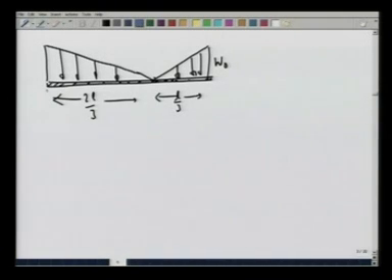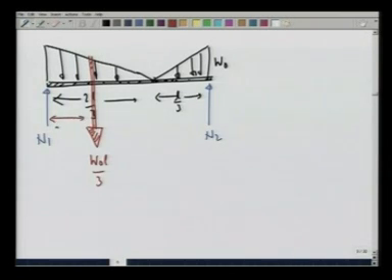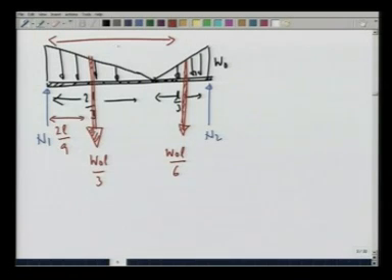Then we said the reactions at these points are going to be N1 and N2, and the two triangles will be replaced by one force acting downwards, which is W0 L by 3 acting at a distance of 2L by 9, and the other force acting here, whose magnitude is given by W0 L by 6, and it is acting at a distance of 8L by 9.